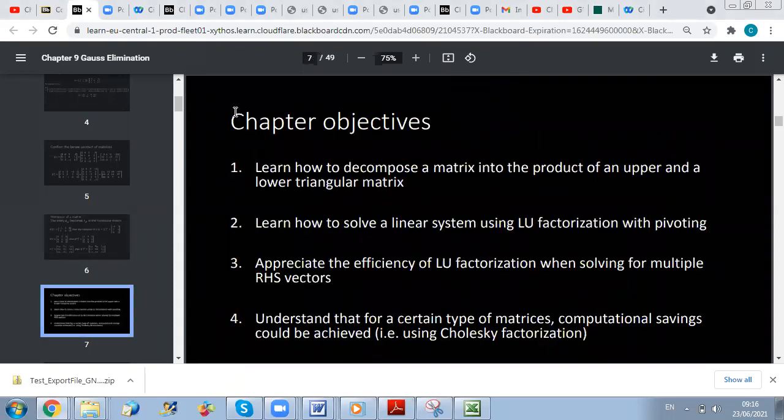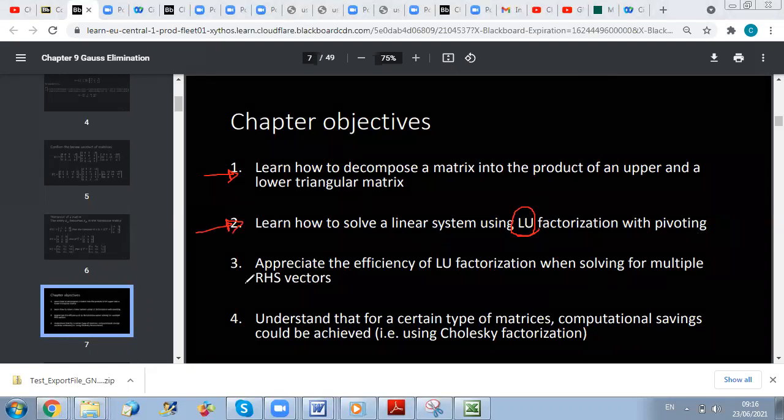Now, after doing this small review on how to operate on matrices, we will move to the chapter objectives. In this chapter, we will learn how to decompose a matrix into the product of an upper and a lower triangular matrix. We will learn how to solve a linear system using LU factorization with pivoting.